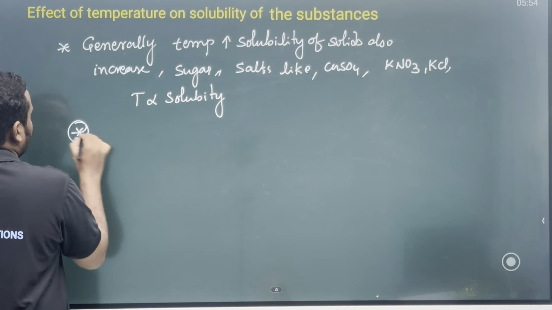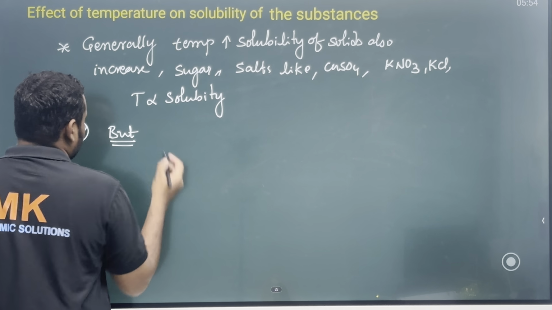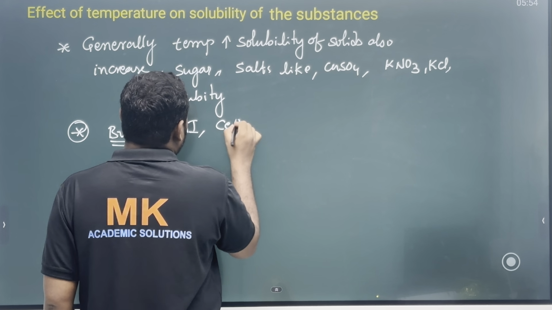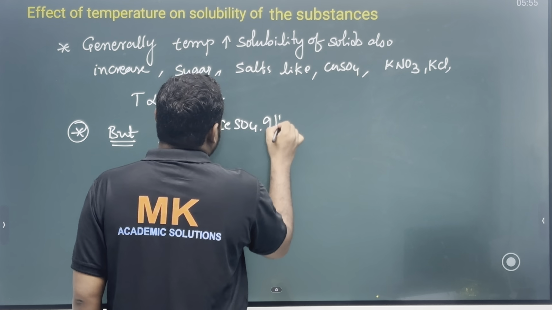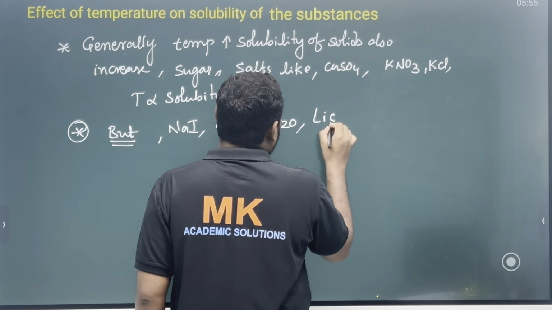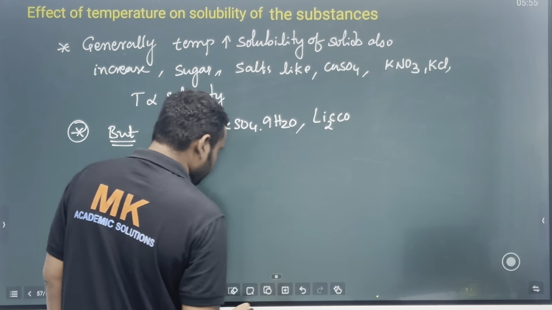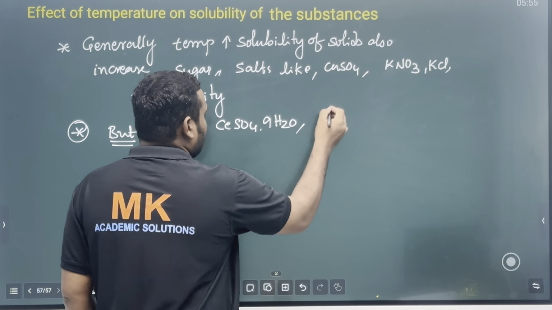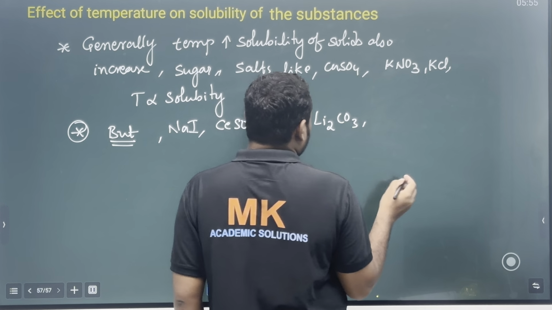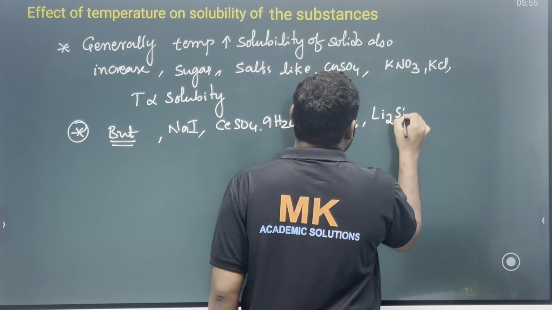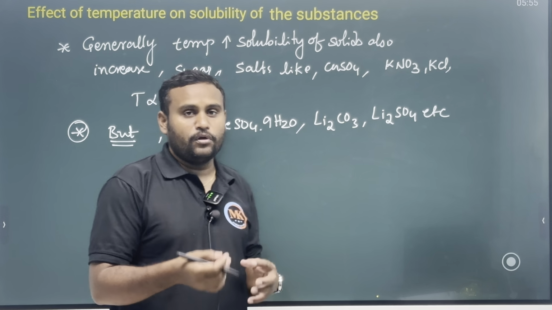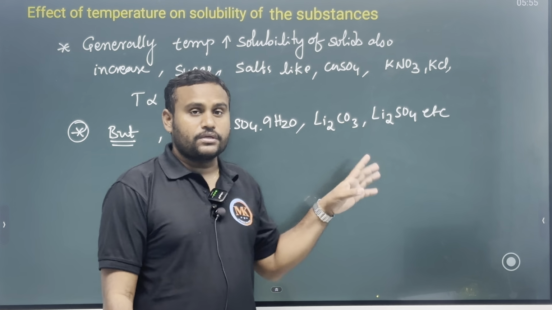But when you take some examples like sodium iodide and cerium sulfate, CeSO4 9H2O, and some more examples like lithium carbonate Li2CO3 and lithium sulfate Li2SO4 etc., what they are going to do, on increasing the temperature their solubility is going to decrease, means here solubility is exothermic process.